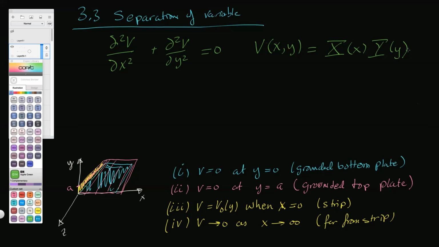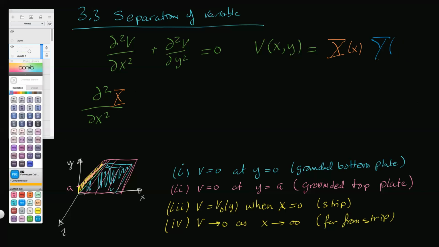Okay, so we'll try this. I do like to color code when I do this because it helps to keep track of everything, so I'll make this guy orange. Now the first thing we do is substitute into that equation. That's always the step, right? So we have d squared dx squared, and then we substitute in our X and our Y. Oh, I should have chosen 2 different colors, so let me do that.